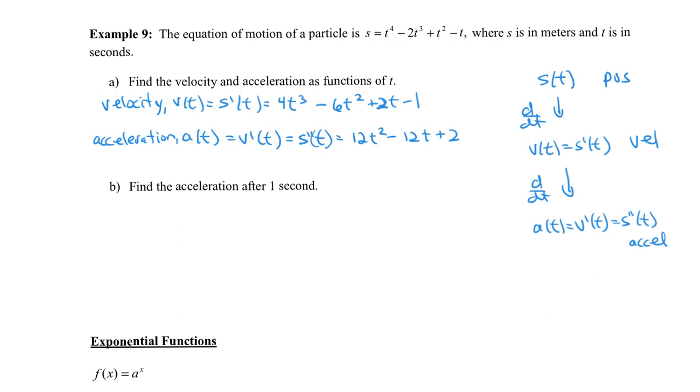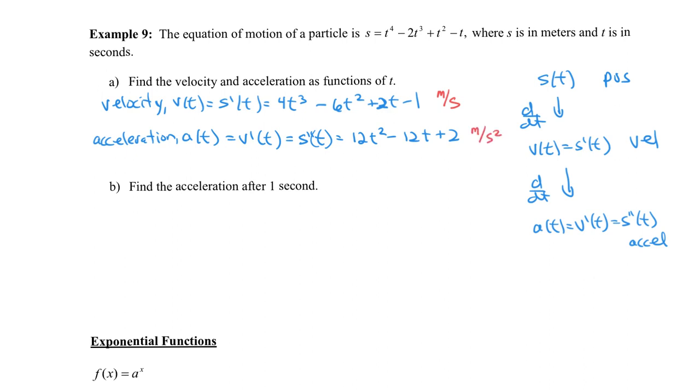So the velocity is the change in position with respect to time, so the units of velocity are going to be meters per second, right? Because the equation of motion would give the position, which would be in meters. So velocity would be change in position with respect to change in time, meters per second. Acceleration is going to be the change in velocity with respect to time, which is meters per second per second, or what we normally write is just meters per second squared.